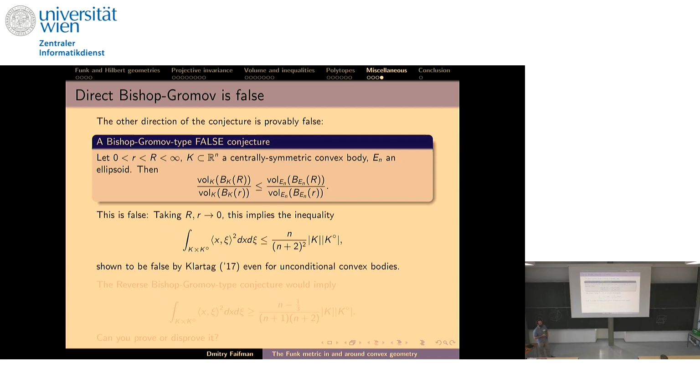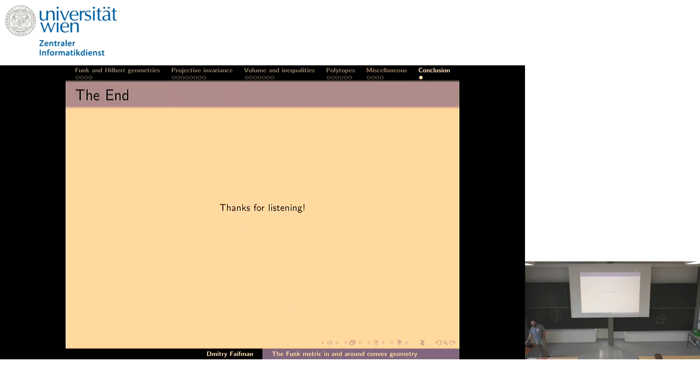It would have had far-reaching implications in convex geometry, the slicing problem, but it was shown to be false by Klartag. So at least the direct Bishop-Gromov is false. And we don't really know what's valid for the reverse. For instance, it would imply this inequality. I don't know about the validity of this inequality. Yeah, so I'll stop here. Thank you very much.